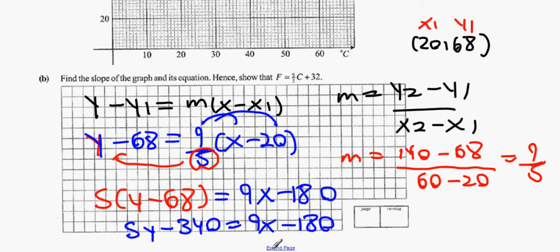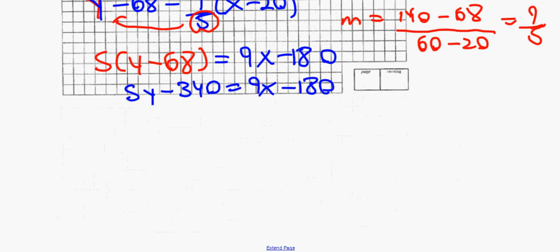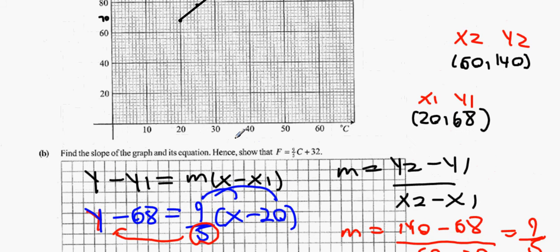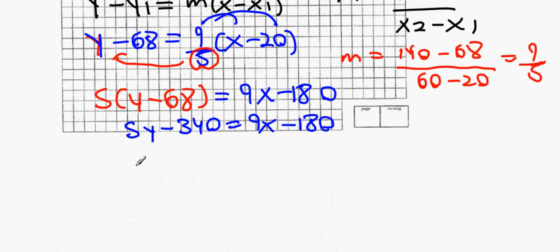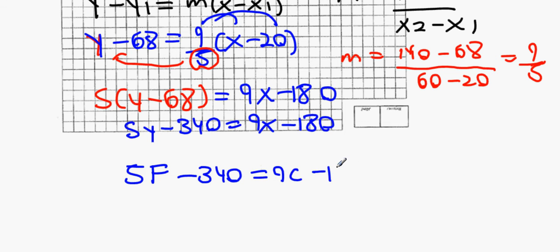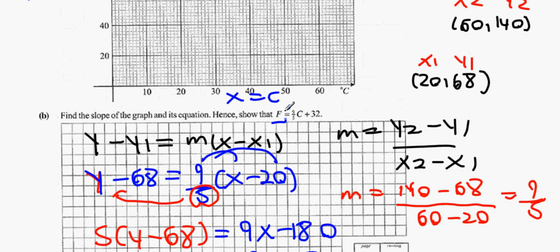Now, please remember what x and y stand for. The x-axis is the Celsius axis, and the y-axis is the Fahrenheit axis. So y is F and x is C. So we're going to get 5F minus 340 equals 9C minus 180. The whole goal of the question is to get F on its own.